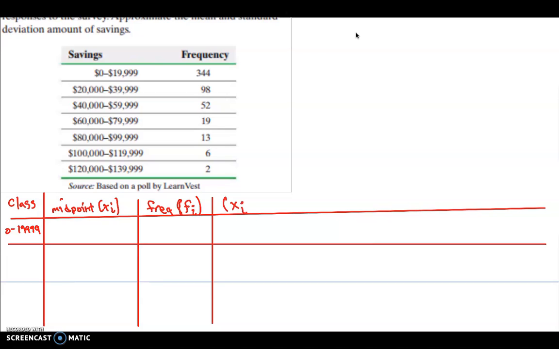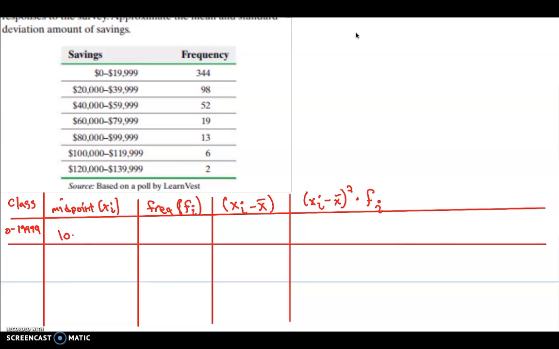So we'll have that midpoint minus the mean, and then finally we're going to take the midpoint minus the mean squared, times it by the frequency in that class. So this is going to get big, and it's going to get big in a hurry.